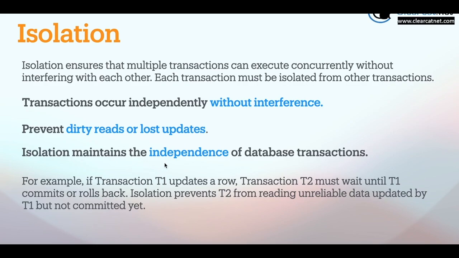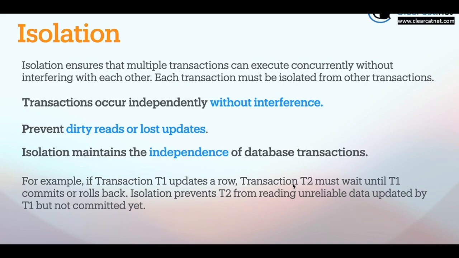Isolation maintains the independence of database transactions. For example, if transaction T1 updates a row, transaction T2 must wait until T1 commits or rolls back the changes. Isolation prevents T2 from reading unreliable data updated by T1 but not committed yet.